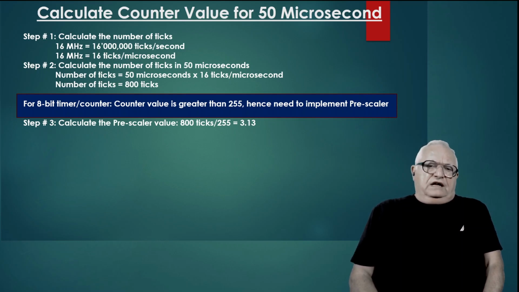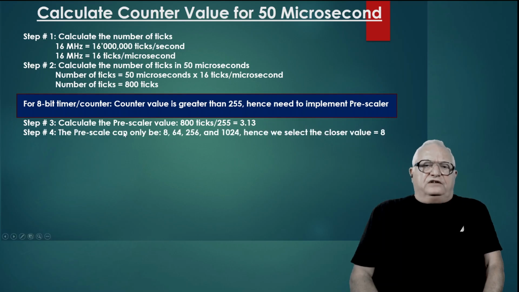Now, the existing prescalers are 8, 64, 256, 1024. So what we need to do is select a number here which is the closest to the one we calculated, but larger, of course. So in this case, we're going to select a prescaler of 8.